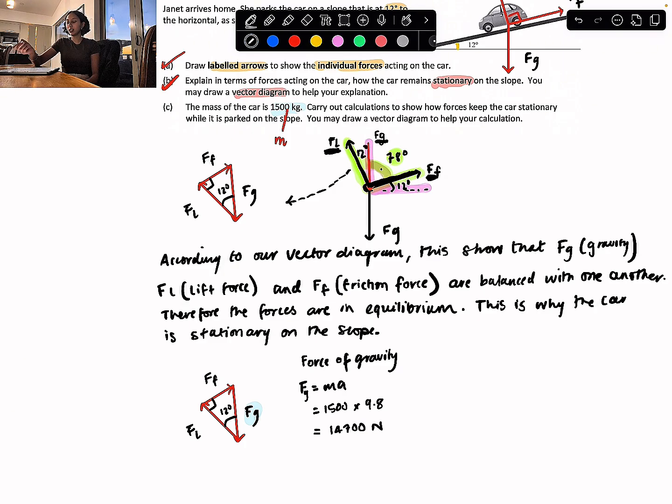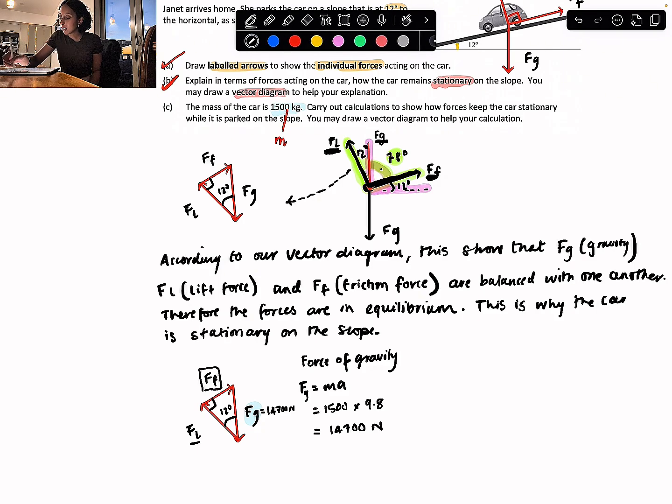So that is the weight force of gravity of the car, okay? So we know that Fg is equal to 14700 newtons.